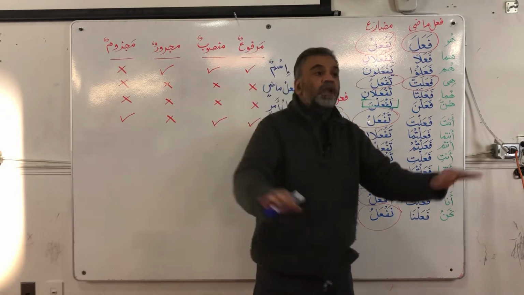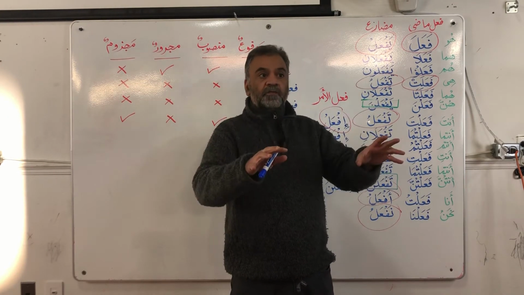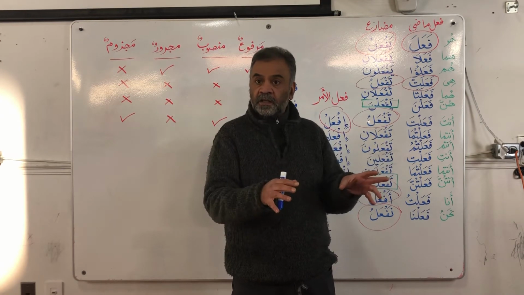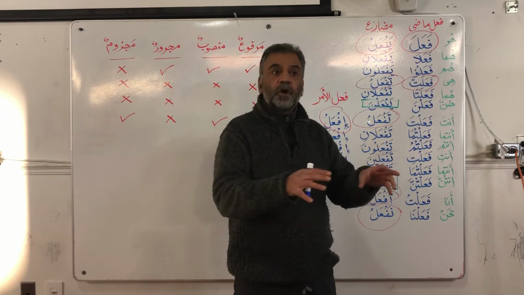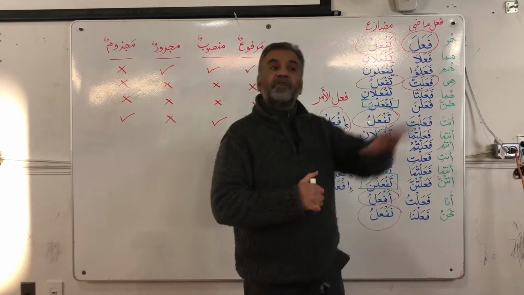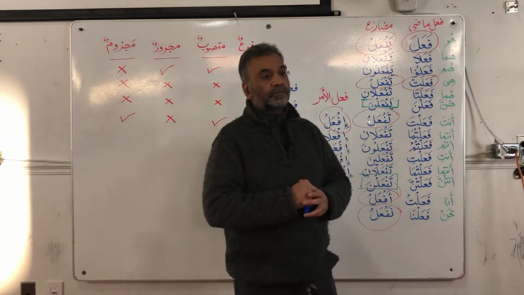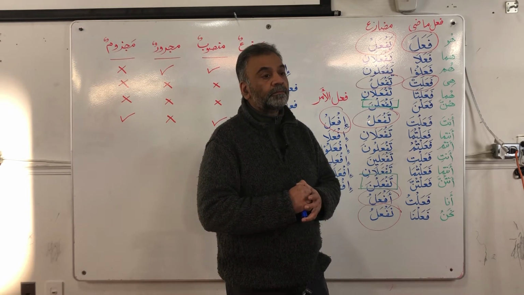We do not assign any grammatical haraka, we do not define it as marfu, mansoob, or majroor, to fail madi, or past tense, because they are mabni. So sometimes I read that fail madi are always, by default, marfu.